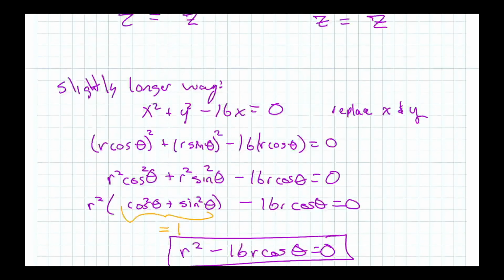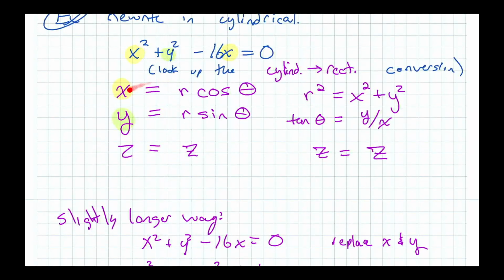The first one we did, we only used these 3. But if you add these 3 to the mix, then you can just notice that an x squared plus y squared is automatically r squared. So if you use this one here, then it's going to be faster.